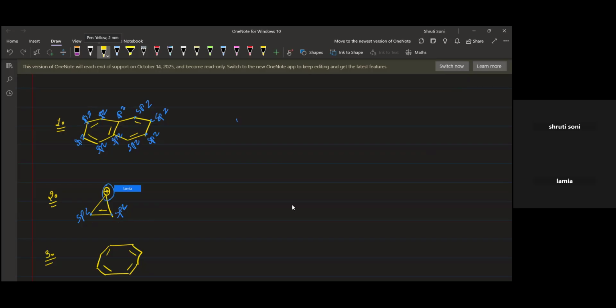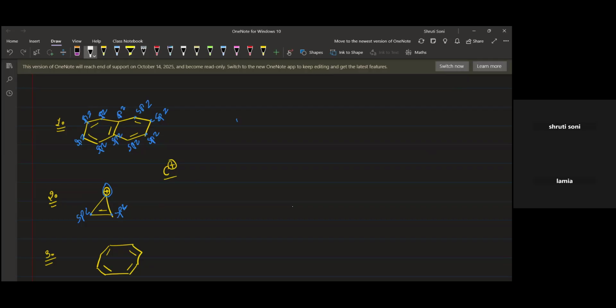Would this be? Hold on. Which one? Yes, this is also sp2 hybridized. If a carbon has a positive charge, in that case it will be sp2 hybridized. Wait, if a carbon is positively charged, doesn't that mean it has a total of 6 electrons?